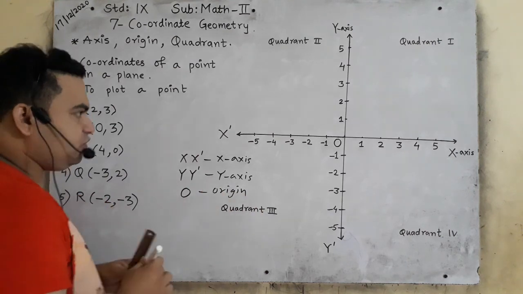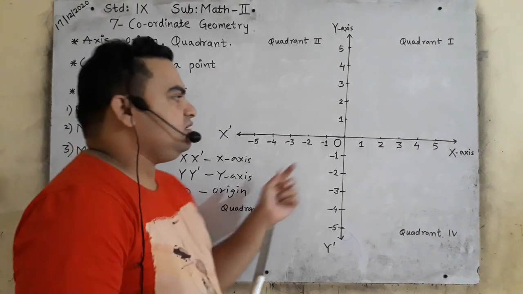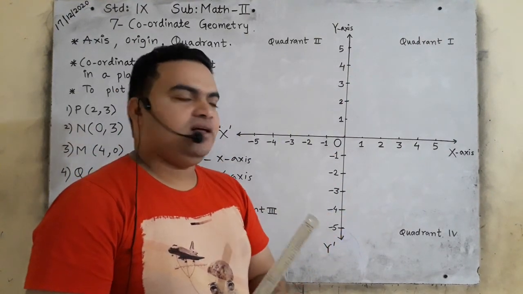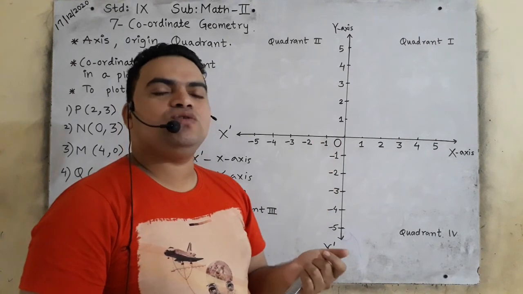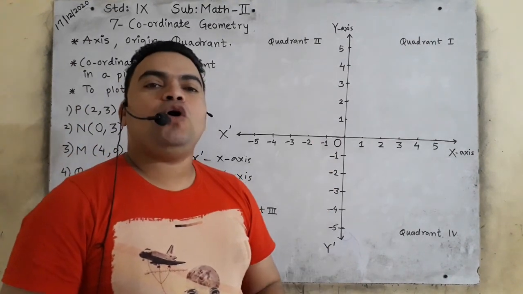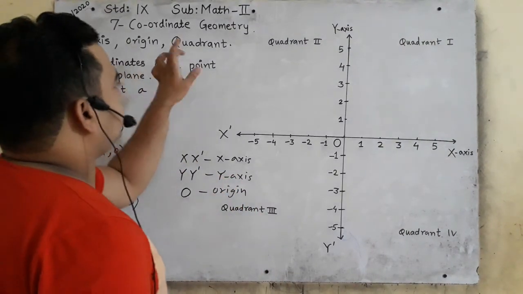So this is the introduction of the first two, axis and origin. What is origin? Wherever the two axes intersect each other, that point of intersection is known as origin, and it is denoted by capital O. O for origin.